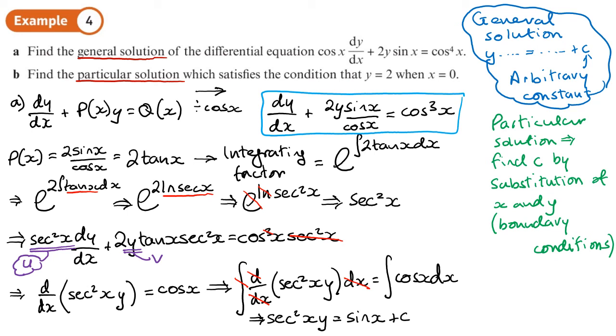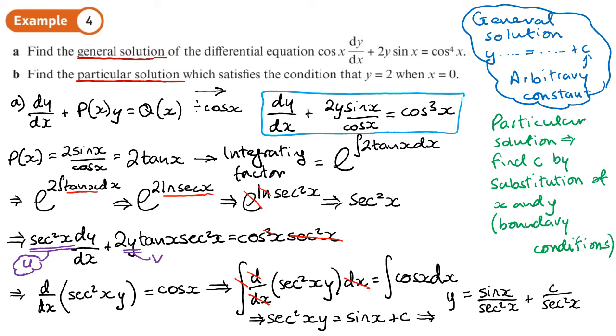We want to make y the subject, so we can divide both sides by sec squared x. So we'll have y equals sine x over sec squared x plus c over sec squared x.